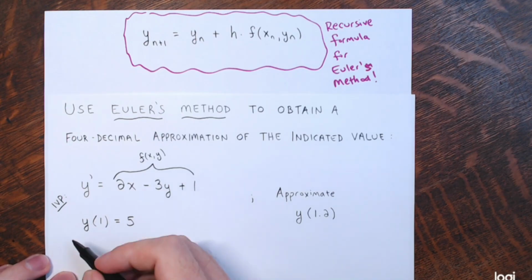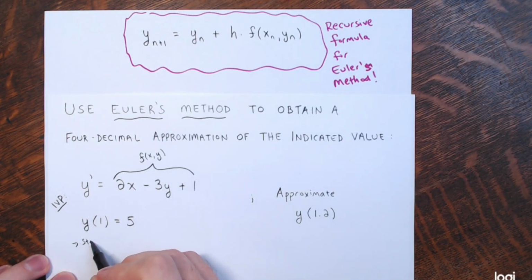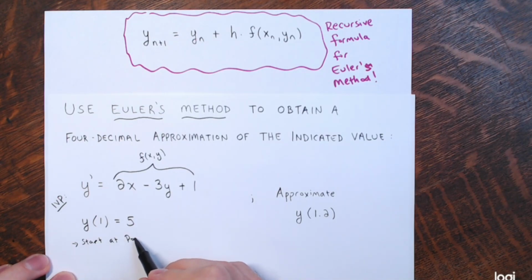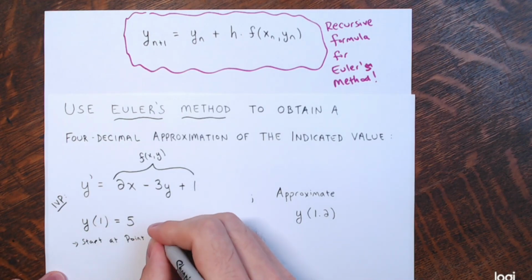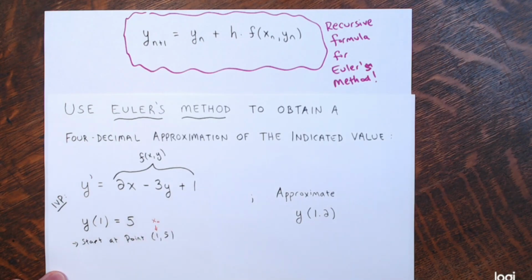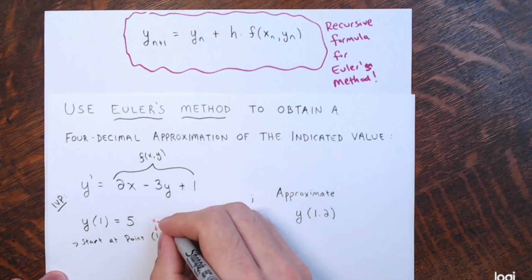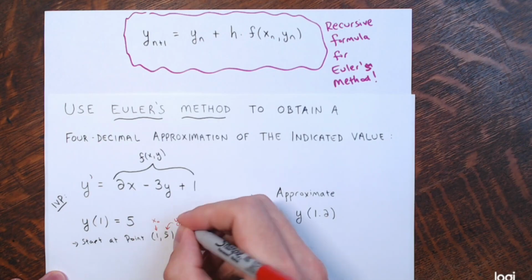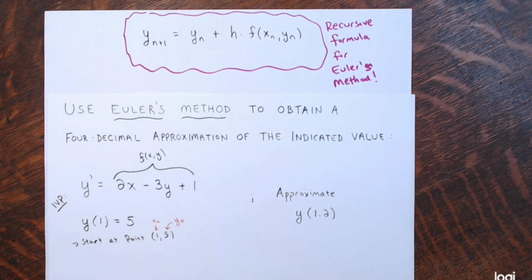So this means we're starting at the point 1, 5. I'll call this 1 my x sub 0, and this 5 is y sub 0.